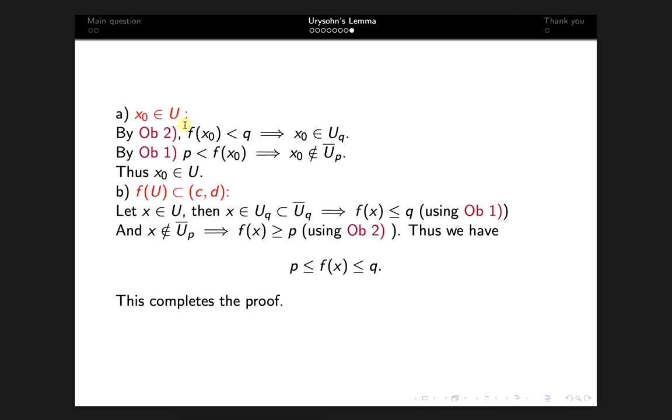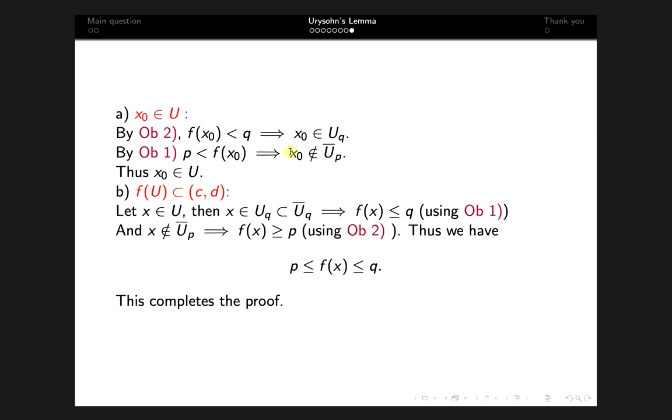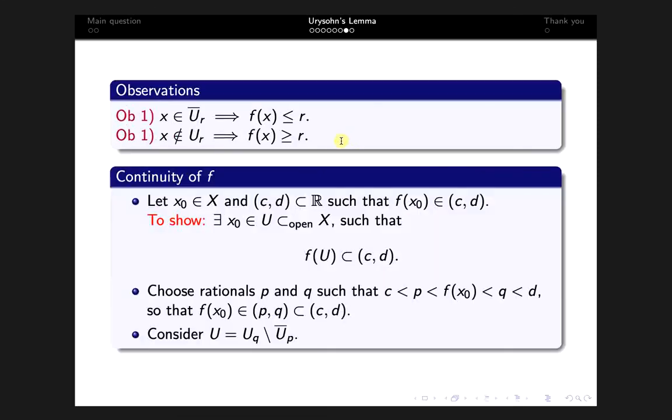Now, what we have here is f of x naught less than Q, and that implies x naught in UQ.